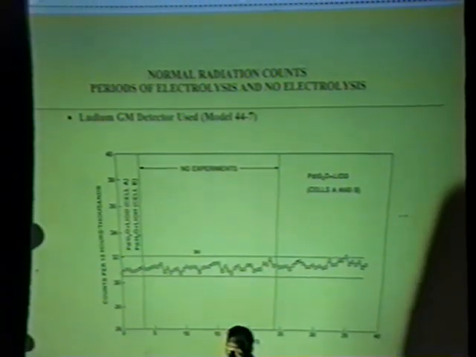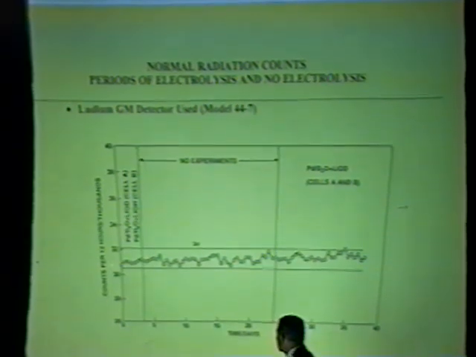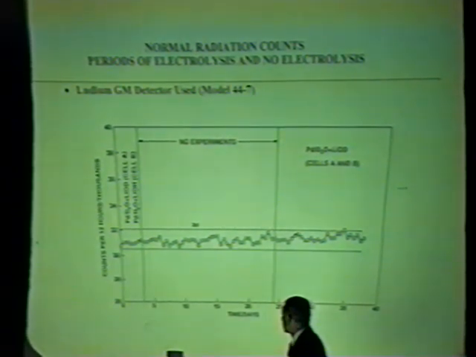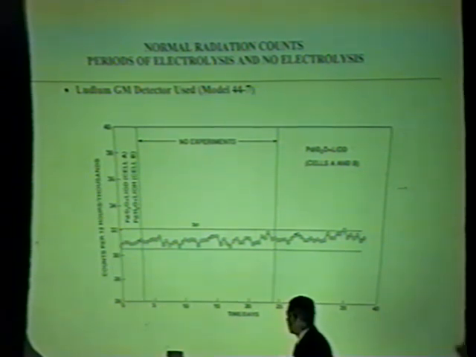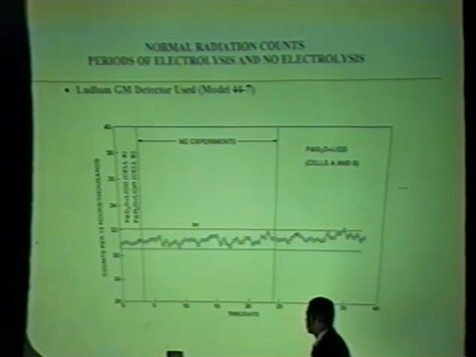And most of the time, we did not see anything strange. We usually counted over a 12-hour period, and this was printed out. So we're counting over a long time period, and these are thousands, counting 32,000, for example. And this is over a period of time, different days. This is the plus or minus 3 sigma boundary, and you see that under normal conditions, there is nothing outside plus or minus 3 sigma.